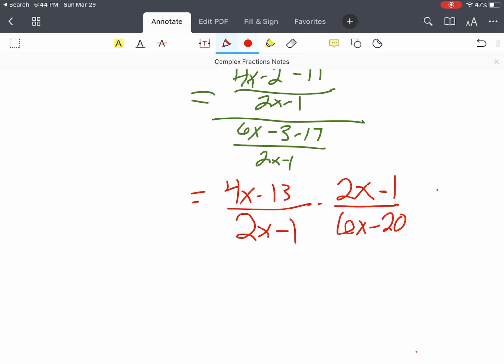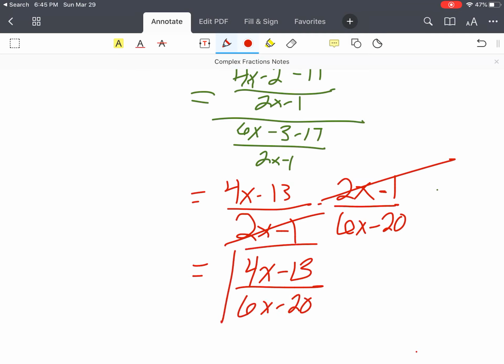Now, because I'm multiplying and I've got the same thing on bottom on the left side as the top on the right side, I get to cancel those. So my answer is 4x minus 13 over 6x minus 20.